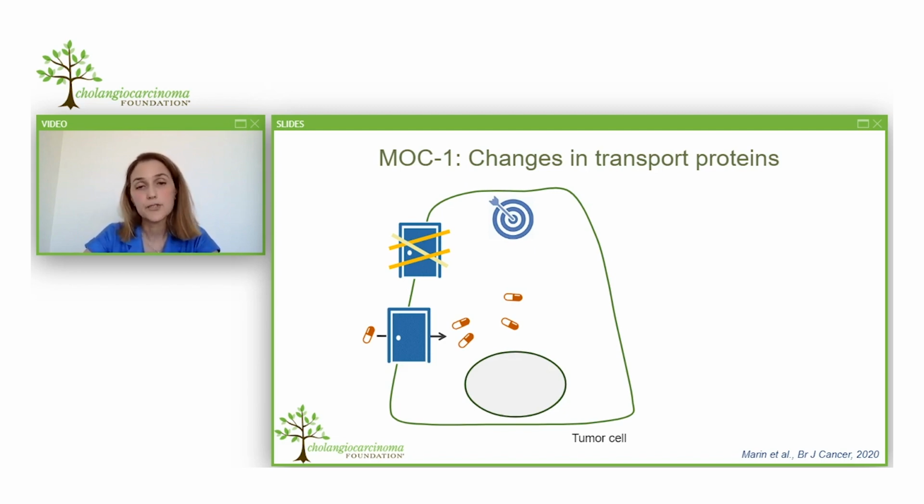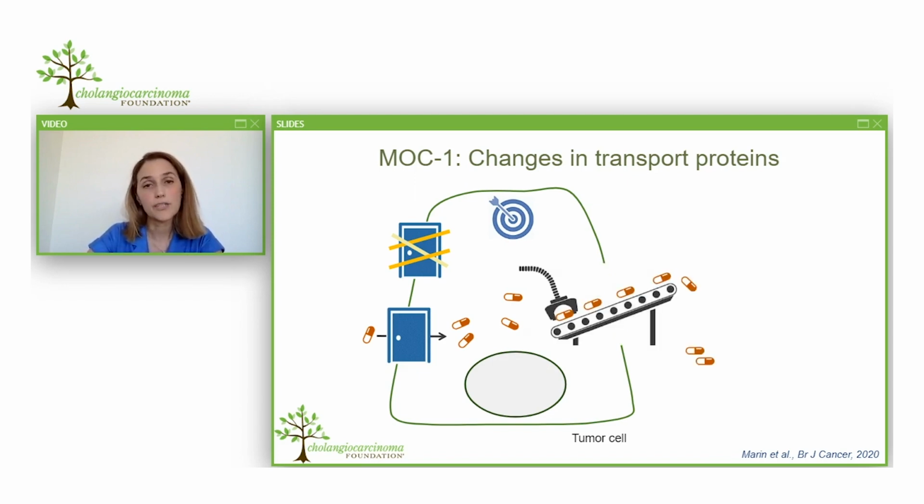But even if the entry functions normally, the cells have another strategy to reduce the amount of drug. They use a specific transporter that exports the drugs, that eliminates the drug from the cell, and this is a very common mechanism of chemoresistance: ATP binding cassette or ABC proteins.